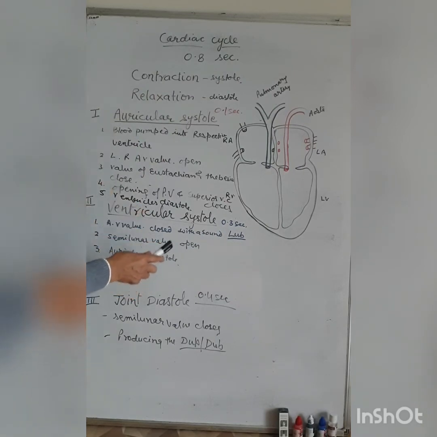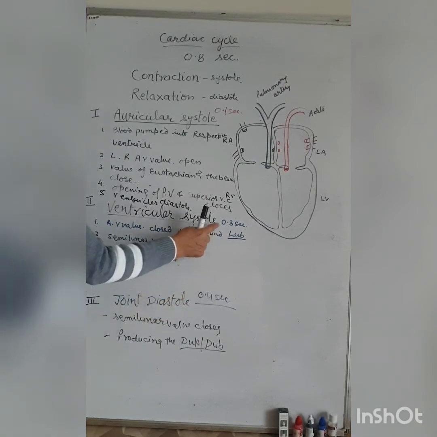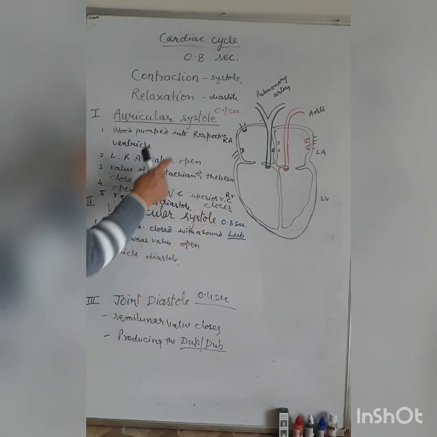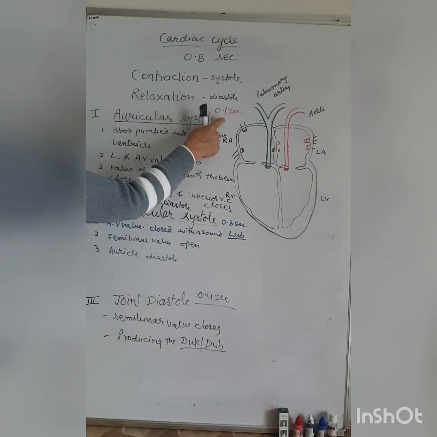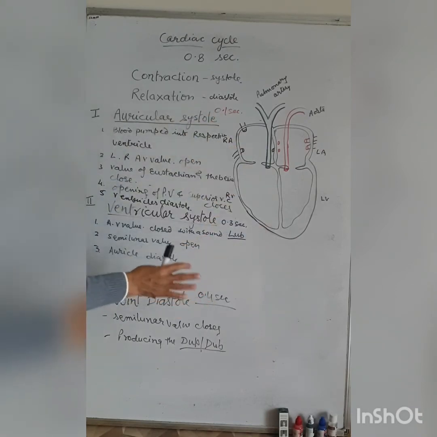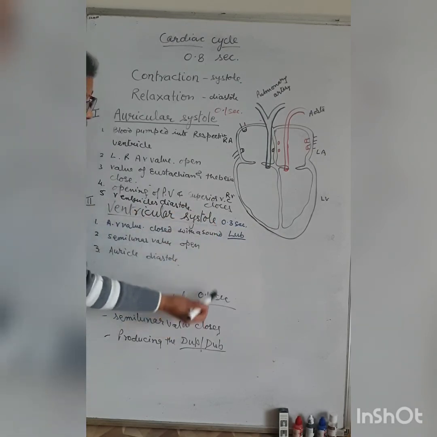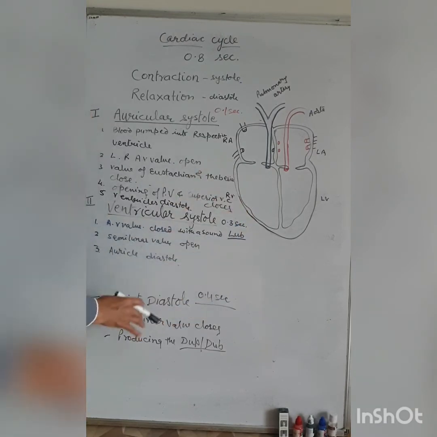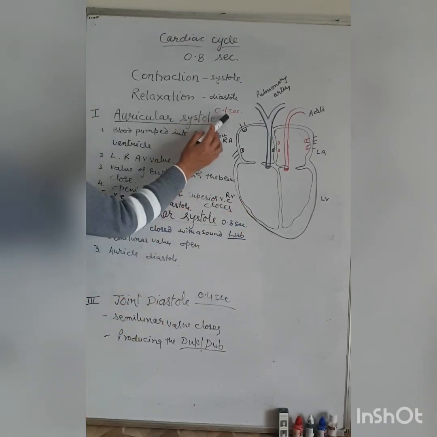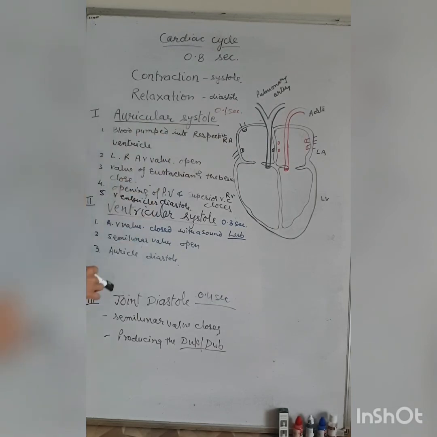Just be aware that the auricle systole is only for 0.1 second, and the diastolic condition remains for a longer period, 0.3 and 0.4, which means 0.7 second in the diastolic condition. The contraction is only for 0.1 second. Now the cardiac cycle is over.